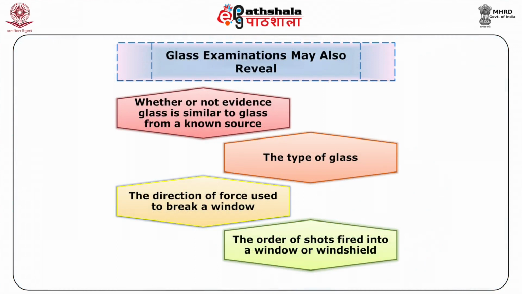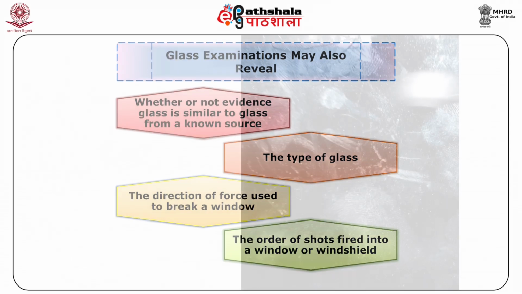Glass examinations may also reveal the following: whether or not evidence glass is similar to glass from a known source, the type of glass, for example, tempered glass, container glass, etc., the direction of force, from inside or outside, used to break a window, the order of shots fired into a window or windshield.